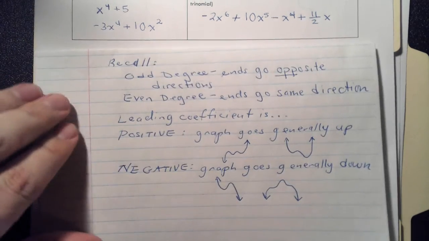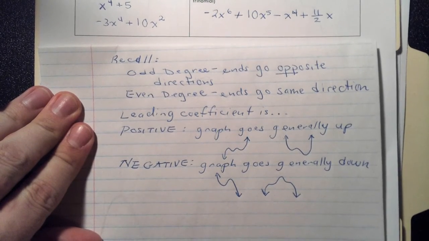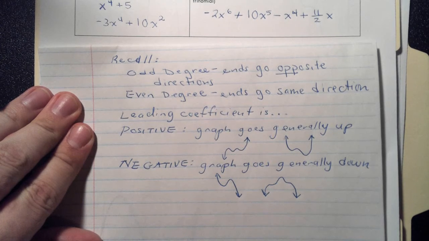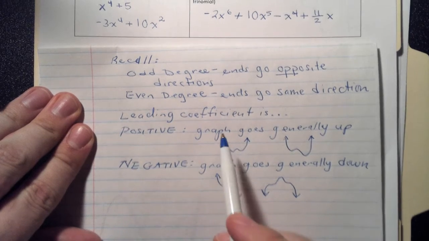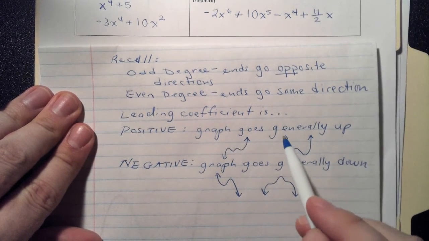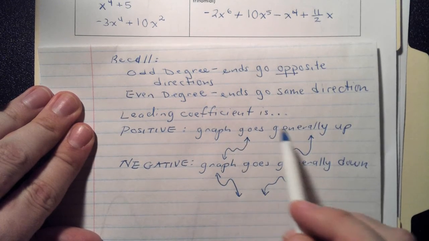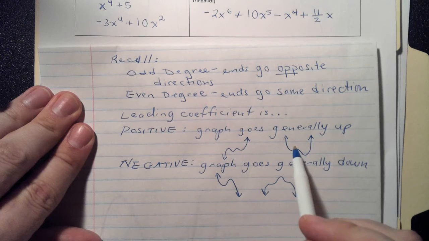Well, again, if I have a polynomial with an odd degree, that means the ends will go in opposite directions. A polynomial with an even degree means the ends go in the same direction. If the leading coefficient is positive, the graph will go generally up, whether that's going up from left to right or both ends go up. I see here these are an example of an odd degree polynomial and an even degree polynomial.